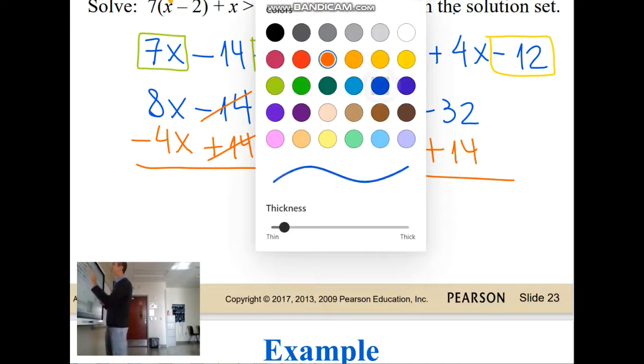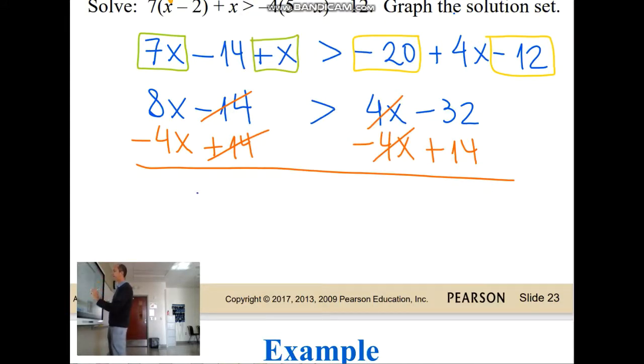Then 8x minus 4x, 4x, minus 14 plus 14 is 0, greater than negative 32 plus 14, which is negative 18.